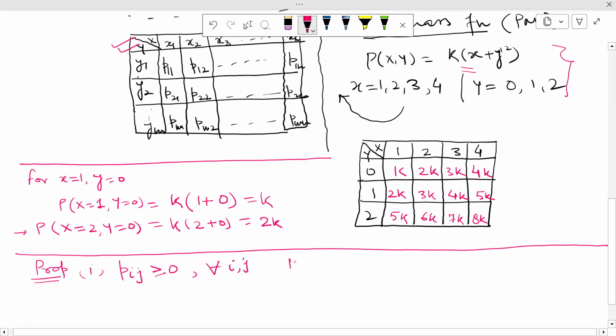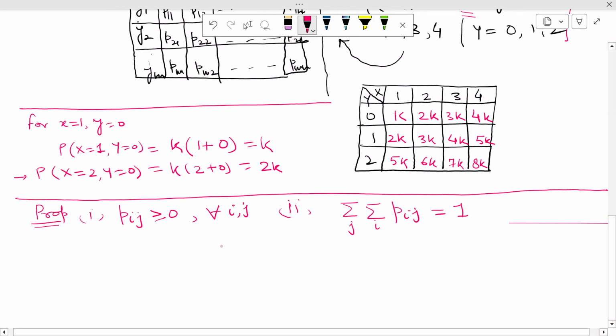The second property, which is very useful, is that when you are adding all the entries of this table, the sum of all the entries should be 1. This is how we can obtain the values of the unknowns.